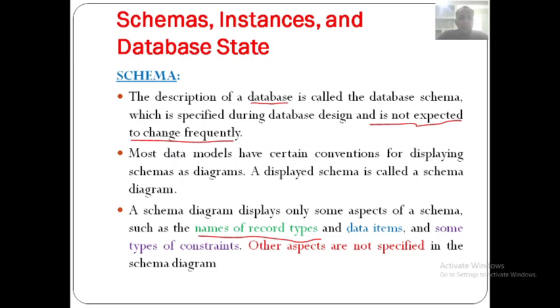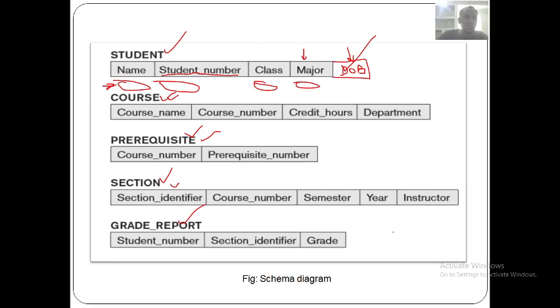Then you need data items. Which are those data items? Name is a data item of the student record. Student number is a data item, class is a data item, major is a data item, date of birth is a data item.